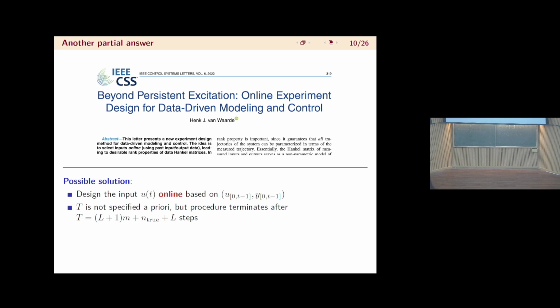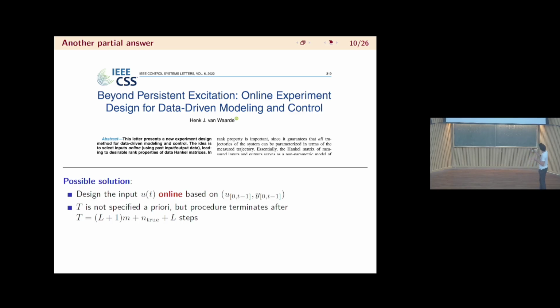It turns out that if one applies that procedure from the paper to generate this input, then the number T of samples that one needs to identify the system is not specified beforehand.